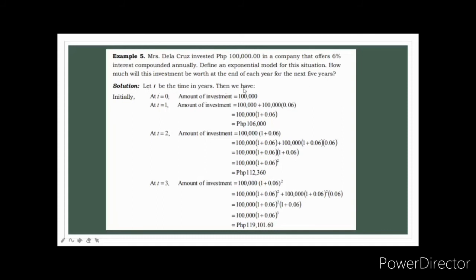At t equal to 1, for the first year, the amount of investment will become 100,000 plus 6% of 100,000, that is equal to 106,000 pesos.